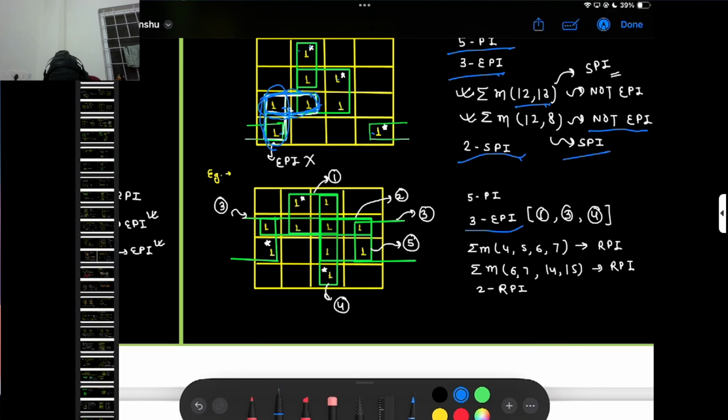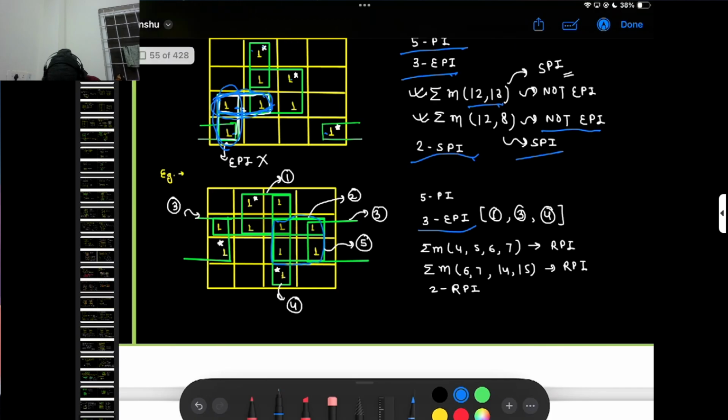Now check any redundant prime implicant or not. So this term, I think, is my redundant prime implicant. This is not my SPI. So two RPI, that is 4 5 6 7. This is also my RPI, I think.